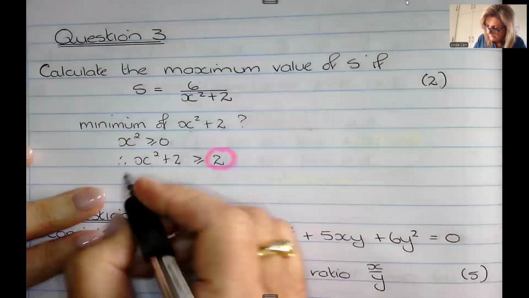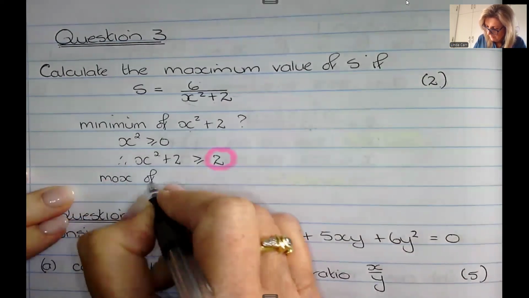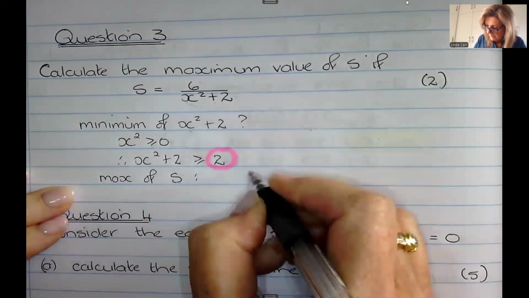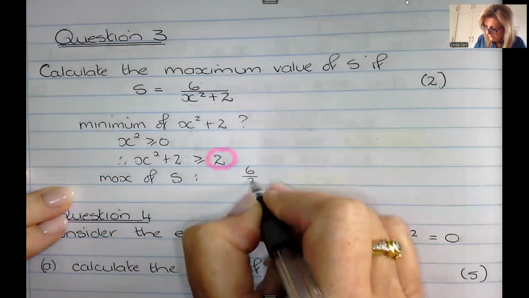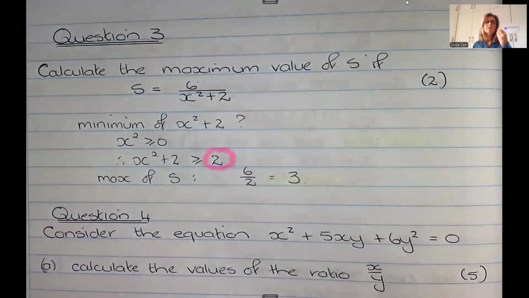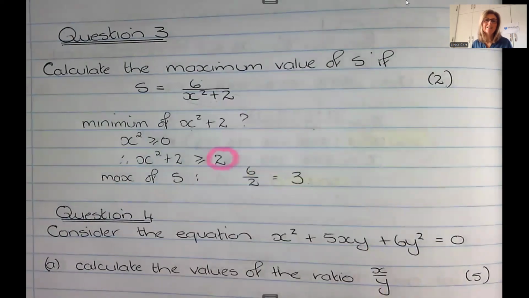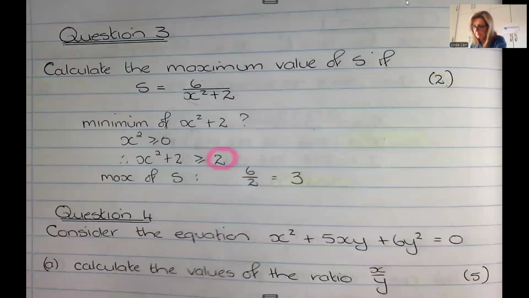If the minimum of the denominator is 2, then the maximum of S will be 6 divided by 2, which is 3. So it's a conceptual understanding that the whole fraction gets bigger as the denominator gets smaller.